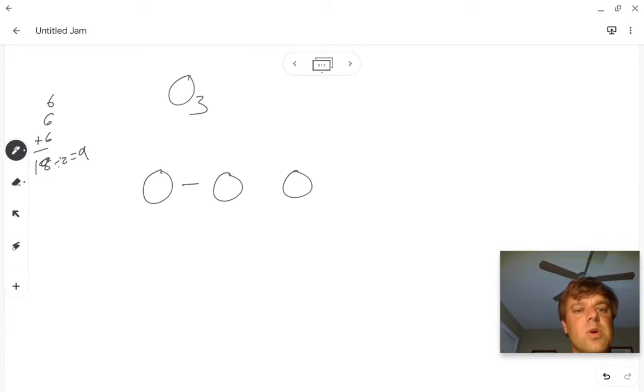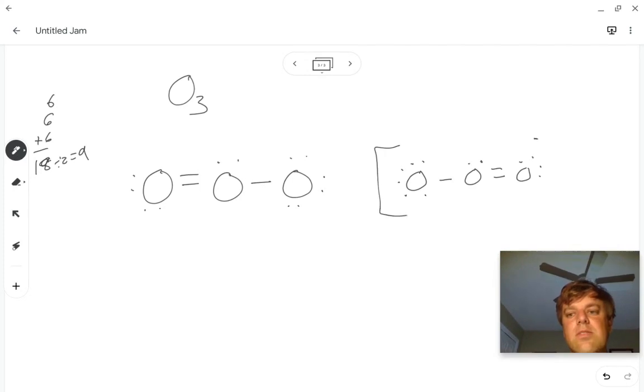So we go 1, 2, 3, 4, 5, 6, 7, 8, 9. And the oxygen in the middle is short a pair, so we can either make the double bond on the left, or we make the double bond on the right. We draw both possibilities. There we have it.